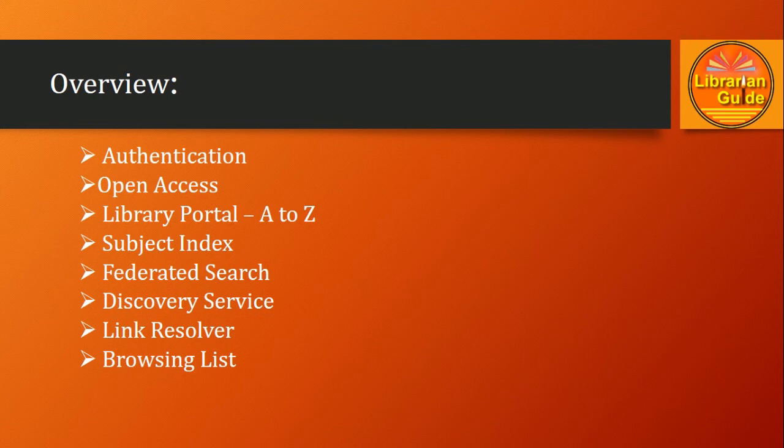So we are going to discuss authentication and authorization, open access, the library portal where we can list all the resources in alphabet order from A to Z, the subject index, we can ensure the searching through federated search, we can provide the access of these resources through different discovery services.